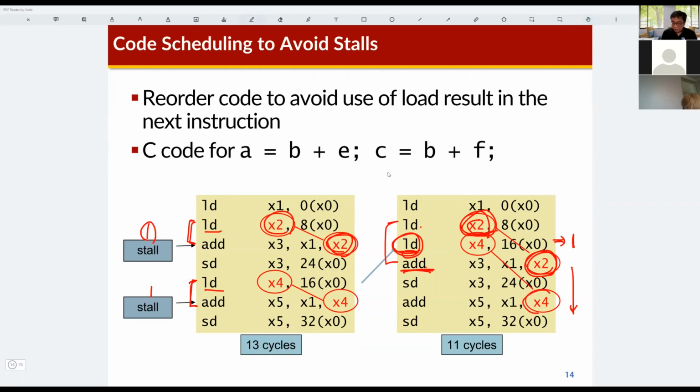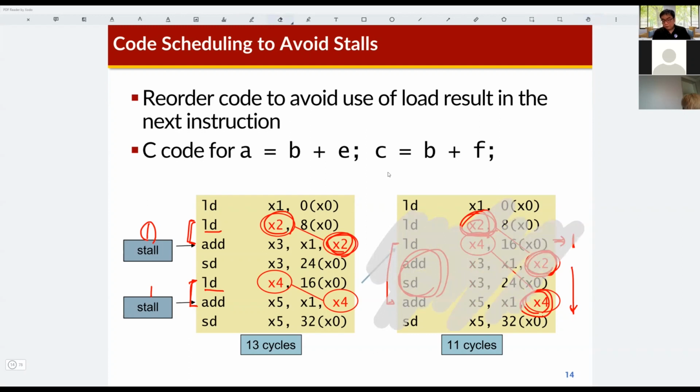So how about this pair, like load and add? We can find 2 independent instructions between this load and add instruction.